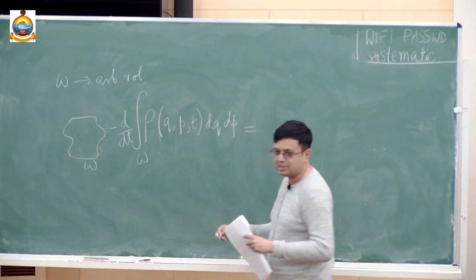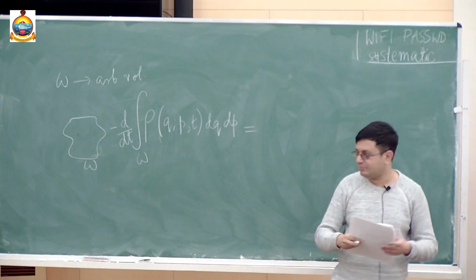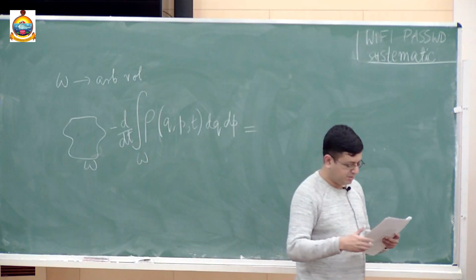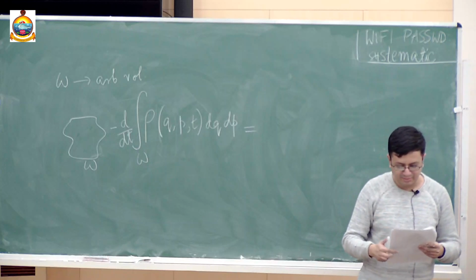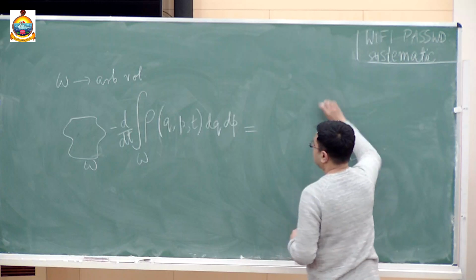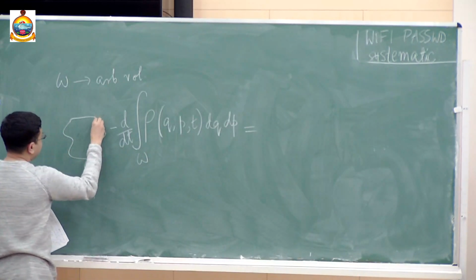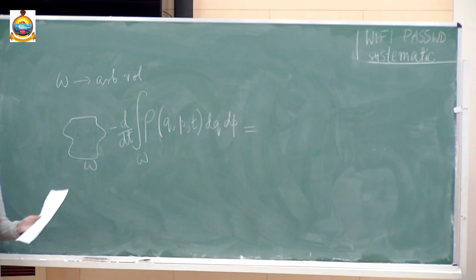So how do I compute the number of points that have left in unit time? Because I am doing d/dt, that means in unit time, so much has gone out. Suppose this is a volume enclosed by a closed surface.